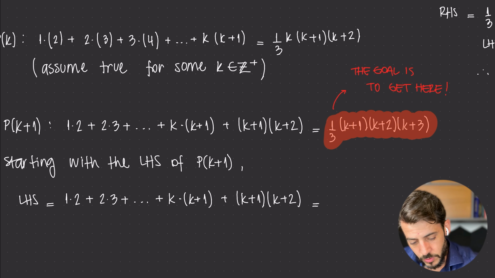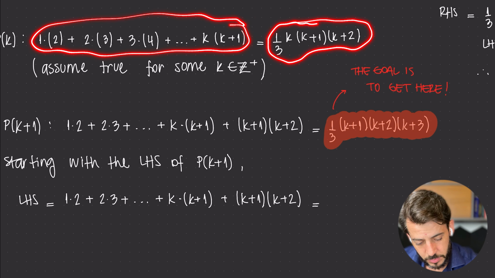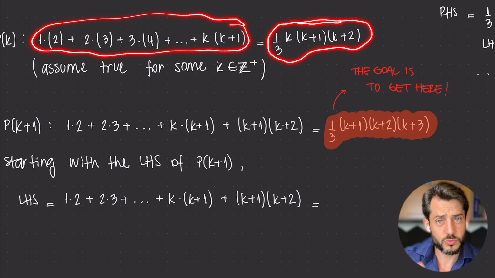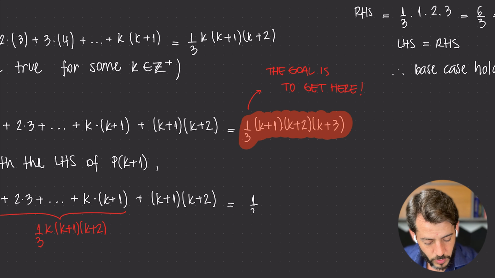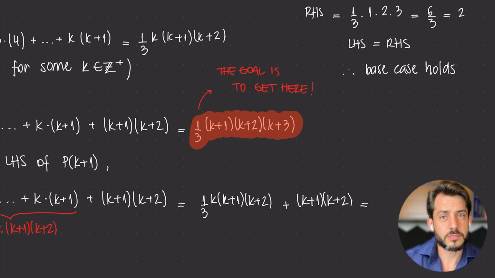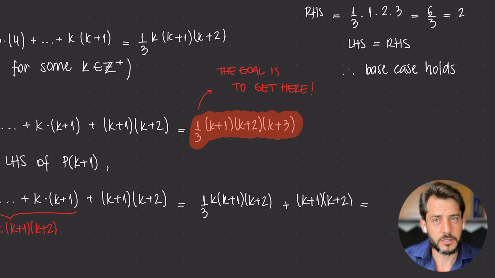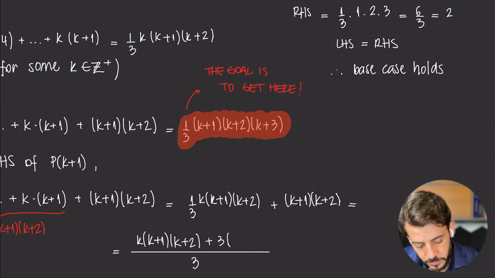And given that we know that this sum is equal to 1/3 k(k+1)(k+2), because we're assuming that that is true, we're going to replace it right here, giving us 1/3 k(k+1)(k+2) plus (k+1)(k+2). Now, the first thing that we can do is to write 3 as a common denominator. So we have k(k+1)(k+2) plus 3(k+1)(k+2), all over 3.